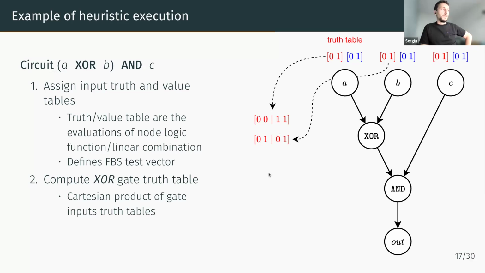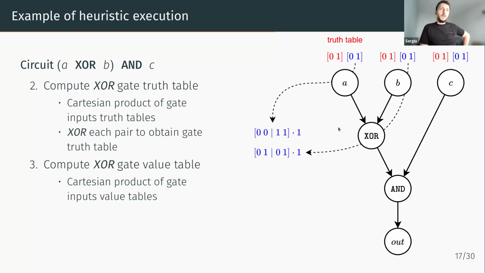Once we obtain these pairs, we apply the logic function of the node to them, in this case XOR, and we obtain the truth table of the node. So 0 XOR 0 is 0, 0 XOR 1 is 1, etc. We obtain this truth table of an XOR node.